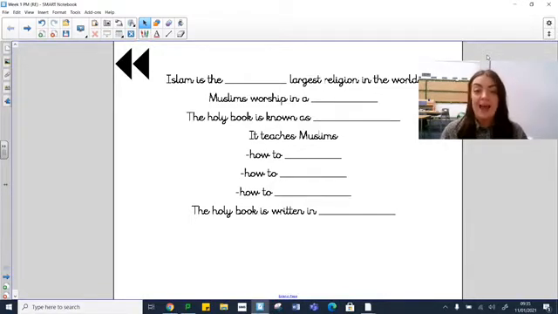Muslims worship in a... The Holy Book is known as... It teaches Muslims how to... and the Holy Book is written in... So if you want to have a go at those, see if you can rewind, getting that knowledge, bringing it back to the front. It's something that we have done. So hopefully you will be able to remember these. So have a little pause of this video and see if you can get all of the gaps filled in.